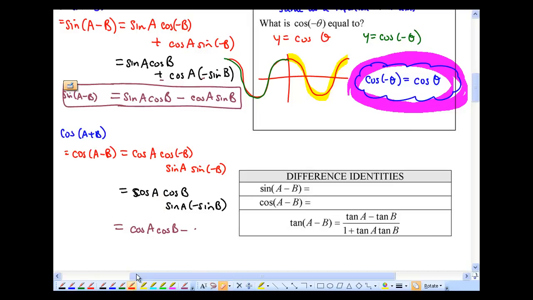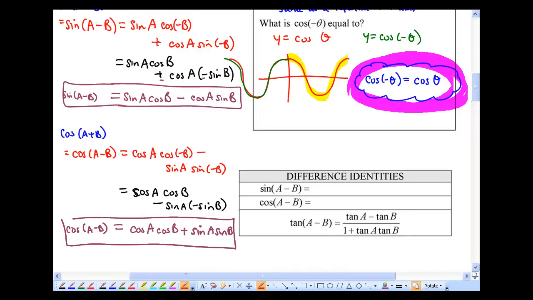Minus. And so the two negatives actually become a positive now. That makes sense. Sine A, sine B. And sorry about that quick glitch, but now we've got the difference identity for cosine.